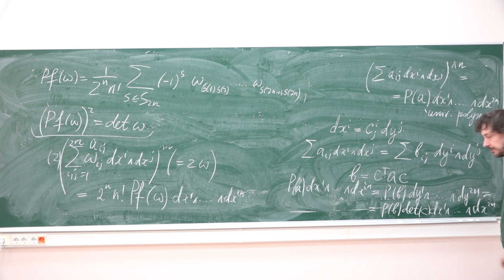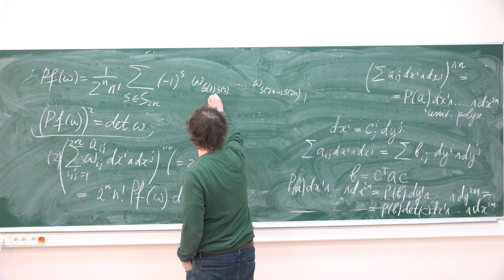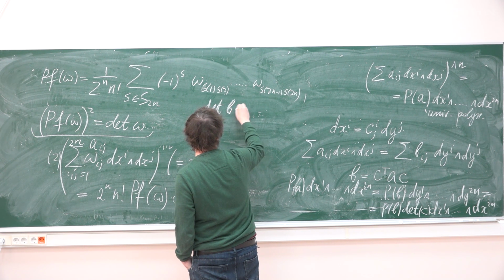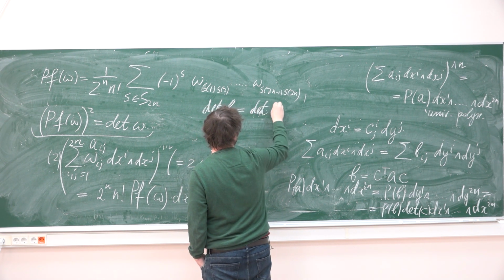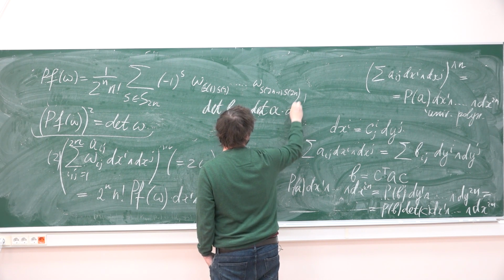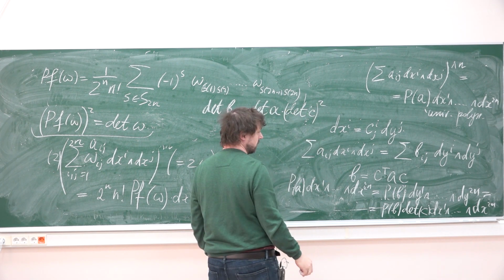And that's just because of the standard formula for the wedge product. On the other hand, if you take the determinant of B, what you get is the determinant of A times the determinant of C squared, right?